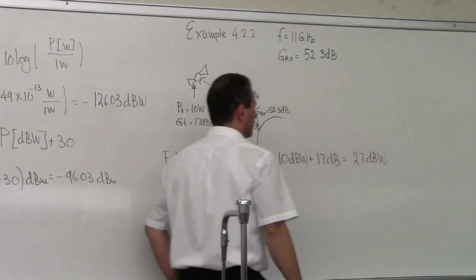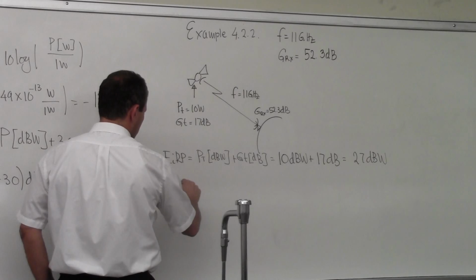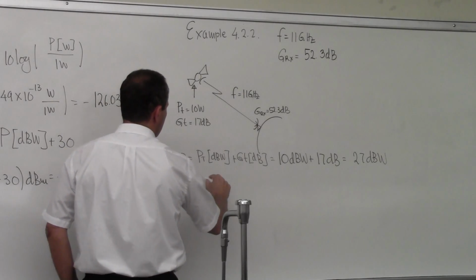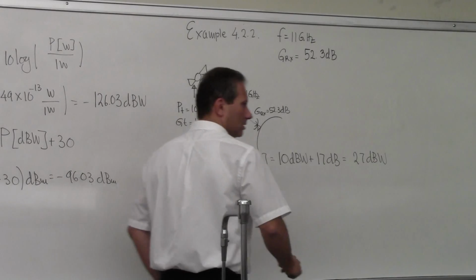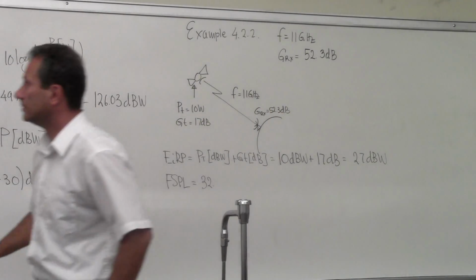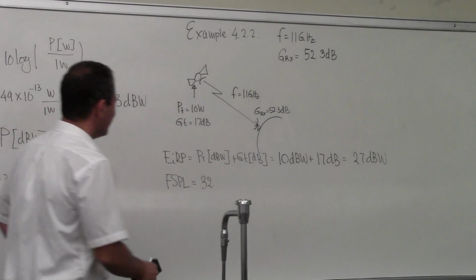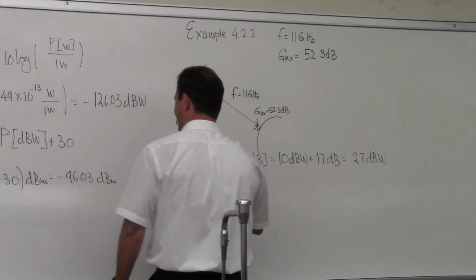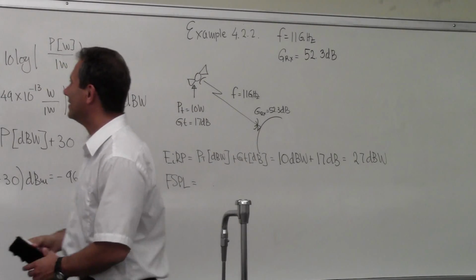That's your EIRP. The next thing we have is free space path loss, which in our case becomes 32. We calculated it, so it's still on the board, right? No, it's not there, this is different. So let's just do it.